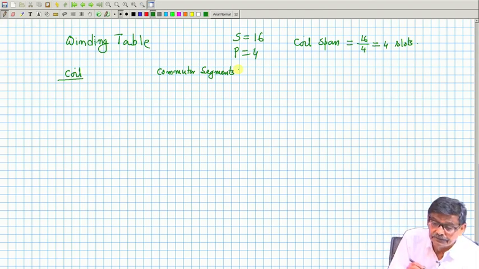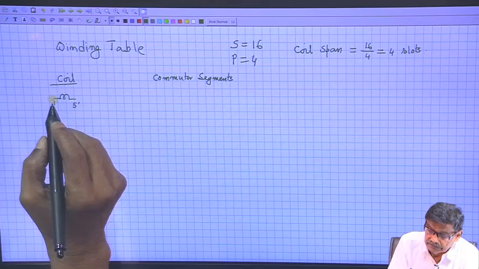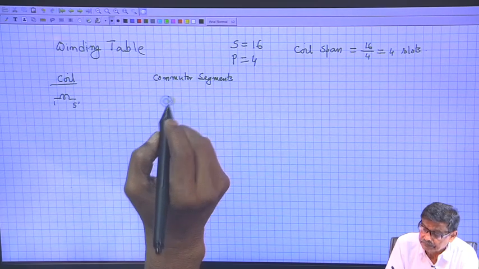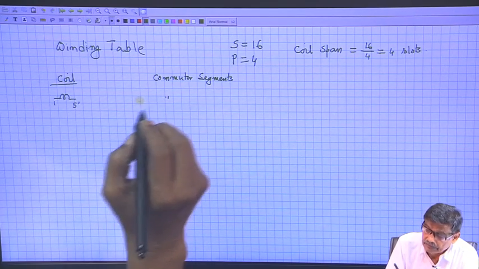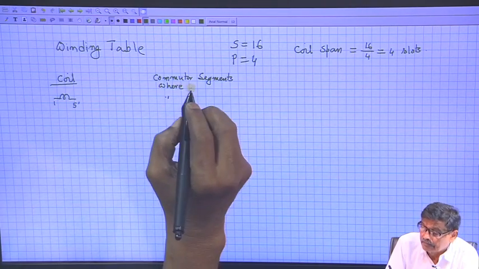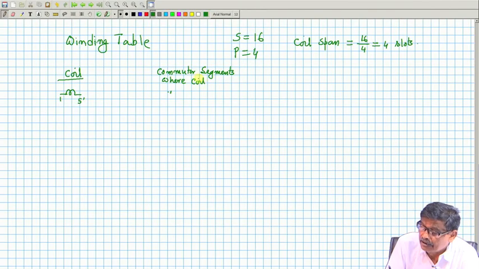Let me try to explain to you. Suppose this is first coil 1 5 dashed. This one I will connect to commutator segment 1, where coil ends are terminated.